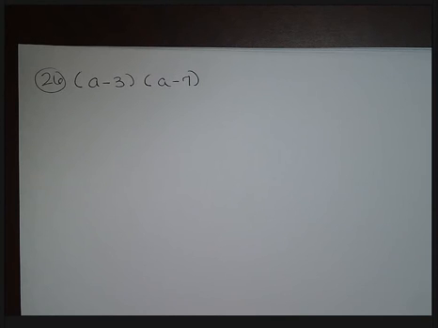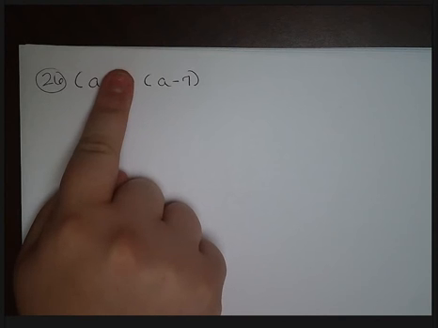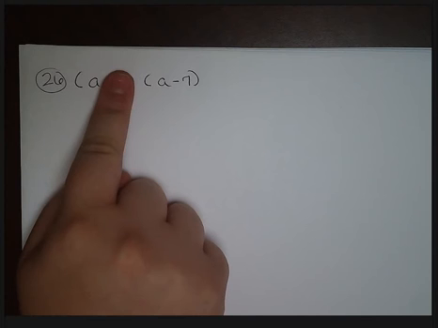Okay? So looking at problem number 26, what we're going to do is we're going to treat this as if it's just an A. And if you had an A right next to parentheses a minus 7, you would multiply that by each of those terms. Okay?